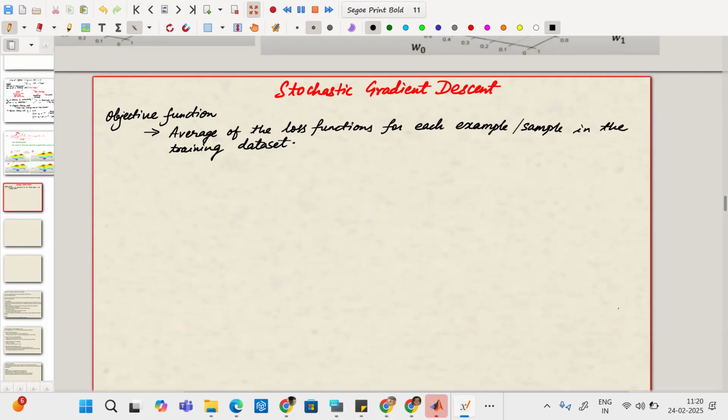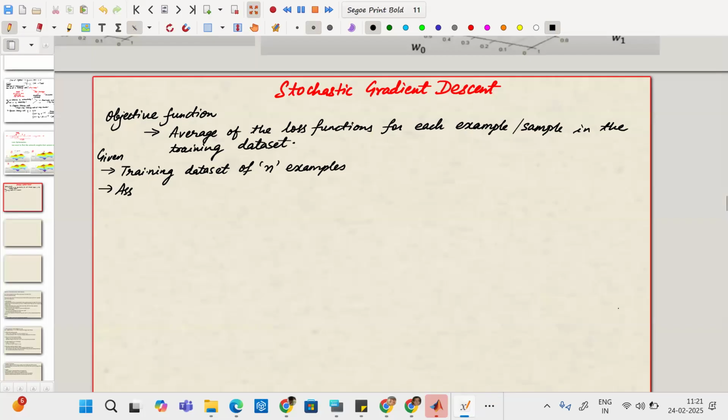Fine. So let me write some notations here. We are given a training data set of n examples, and we assume that f_i(x bar), it's a multidimensional problem, is the loss function.